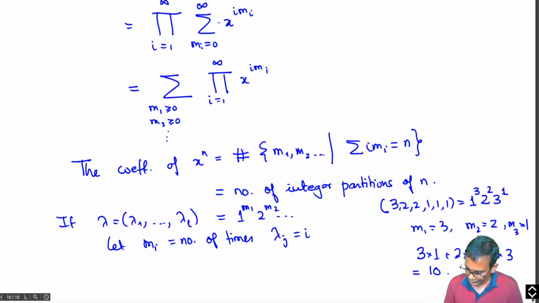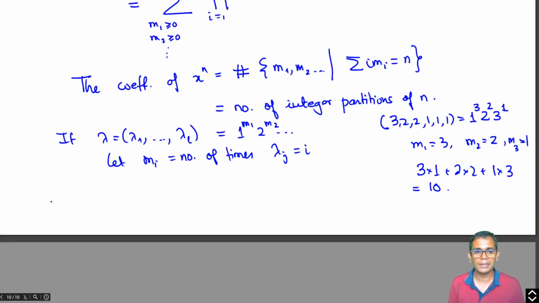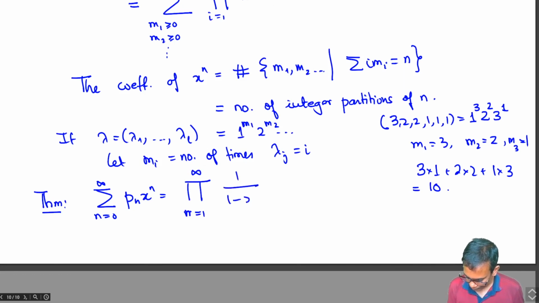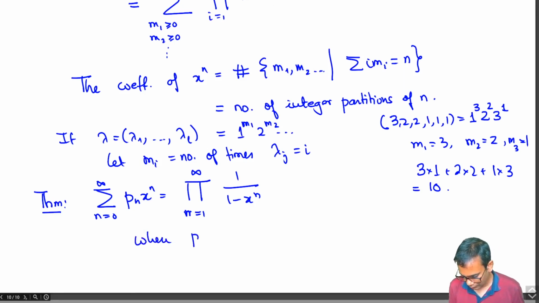And so what we get is the famous factorization due to Euler. We'll visit this again, but this is just a quick look: the sum of Pn x to the n is equal to product n equals 1 to infinity 1 over 1 minus x to the power n, where Pn is the number of partitions of n.